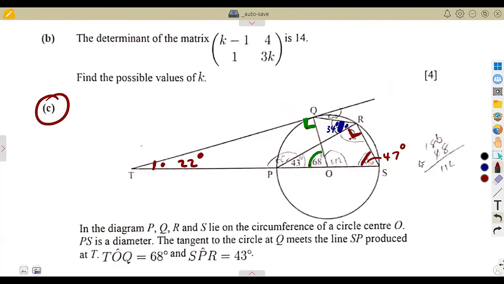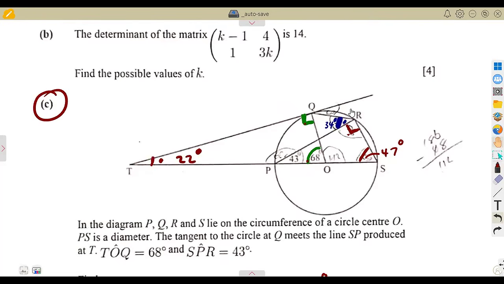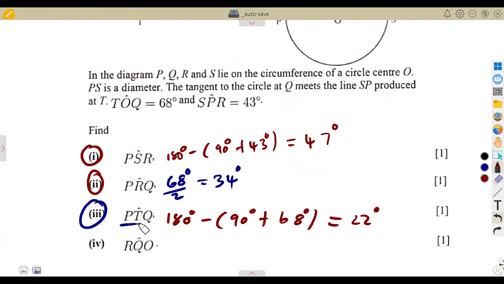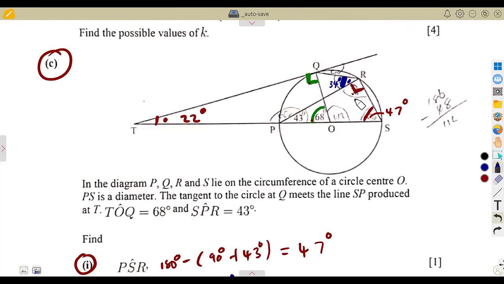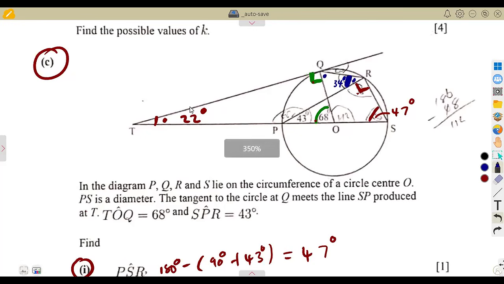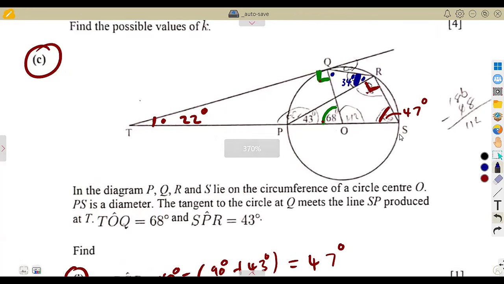Just like that. Then another part that we are given was to calculate angle RQO, from R to Q to O, this angle here. There are so many ways that you can calculate this angle RQO. You can consider that these are vertically opposite angles.